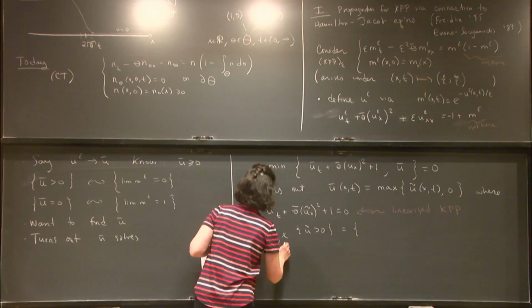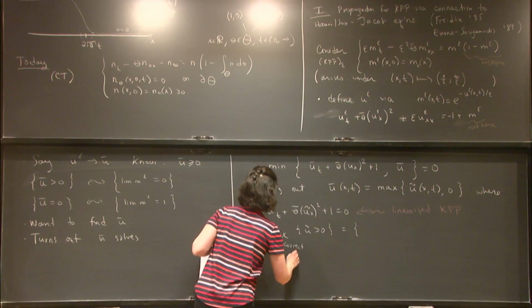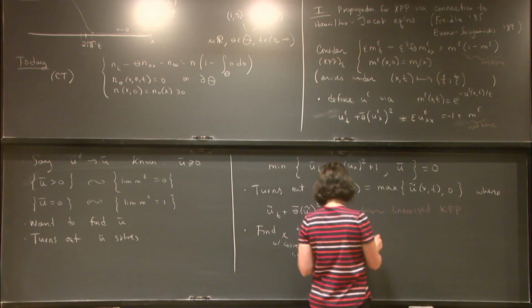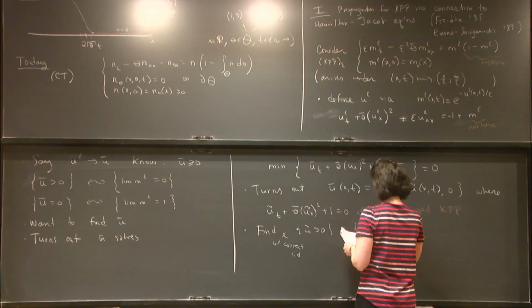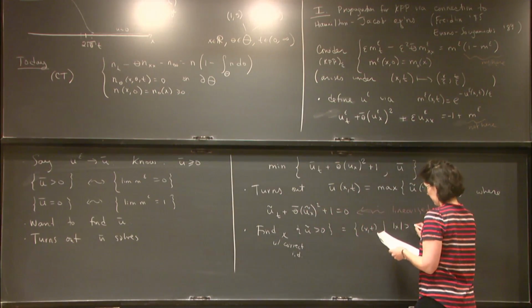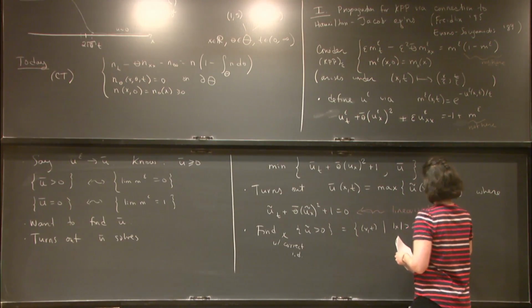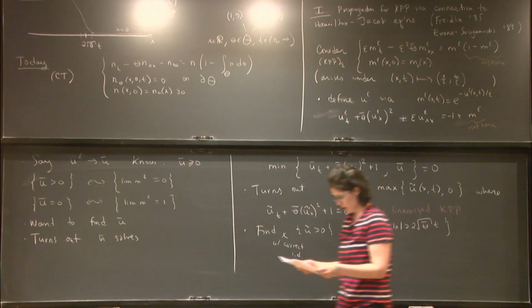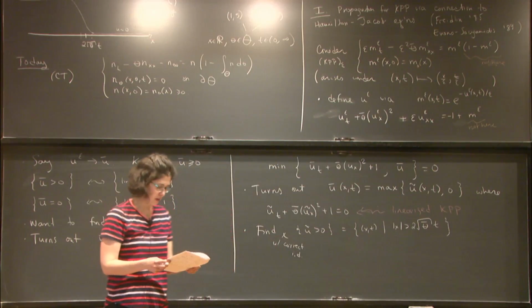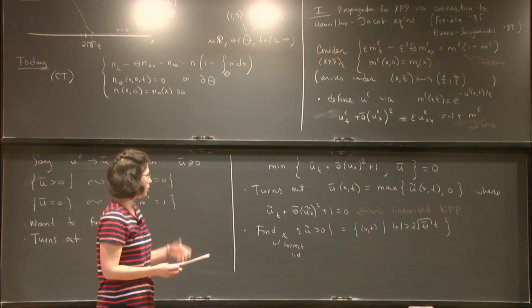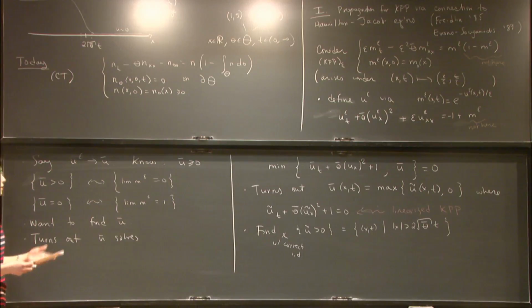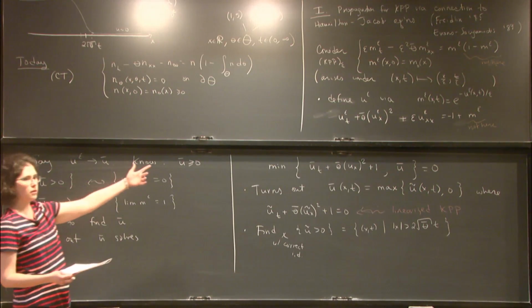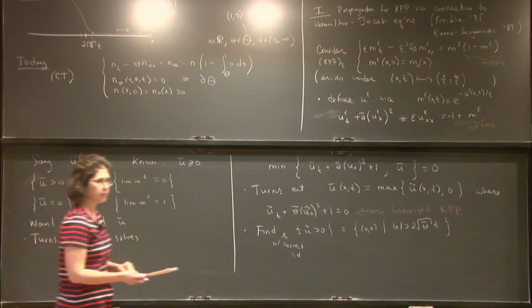So with correct initial data, it is the set of x, t such that this guy is exactly what you expect. Great. So notice that I didn't use any comparison principle, and what I did use is that this m epsilon was uniformly bounded.